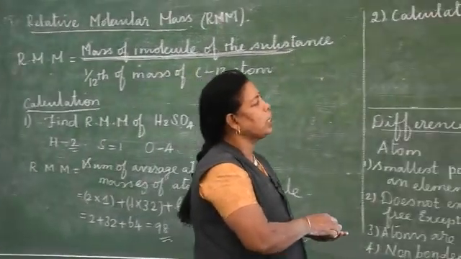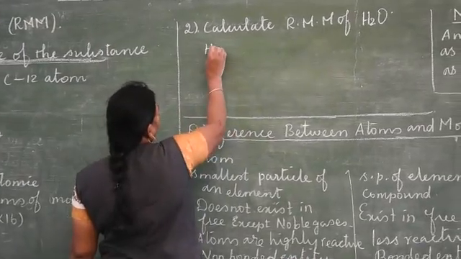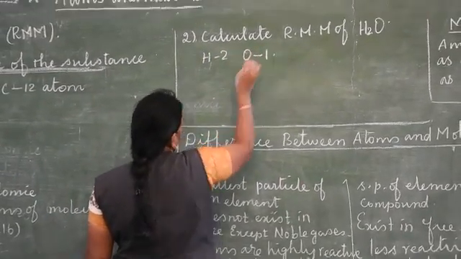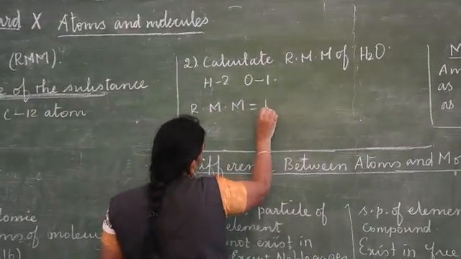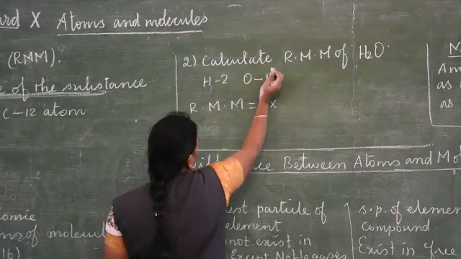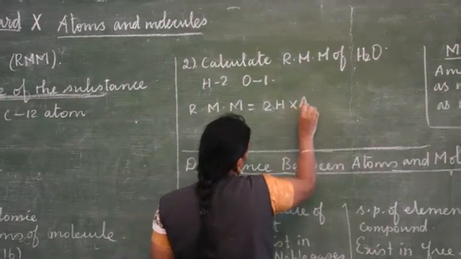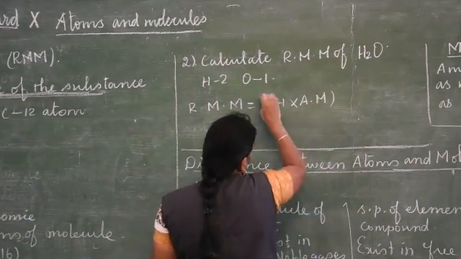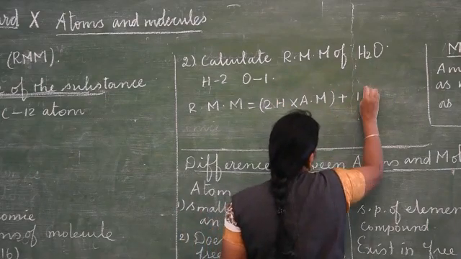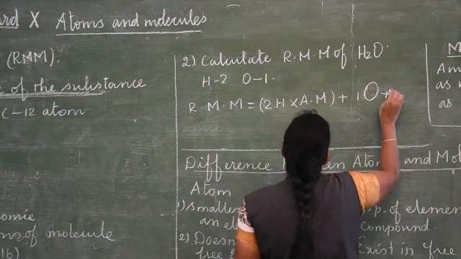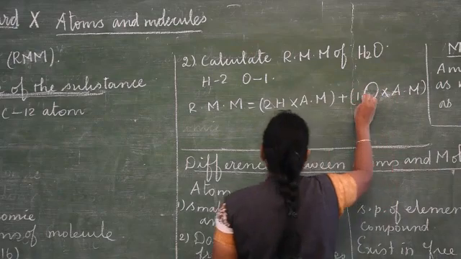And how to calculate the relative molecular mass of water? How many atoms are present? Hydrogen 2 and oxygen 1. So the relative molecular mass is 2 hydrogen atoms into its average atomic mass, plus 1 oxygen atom into its atomic mass given in the periodic table.